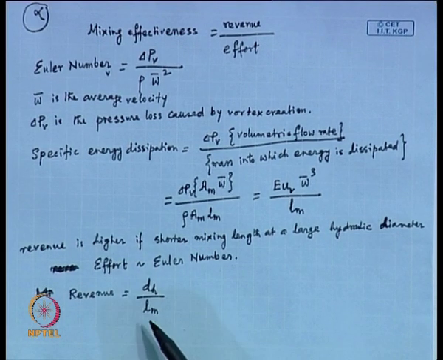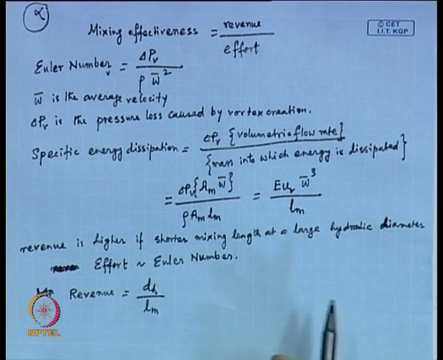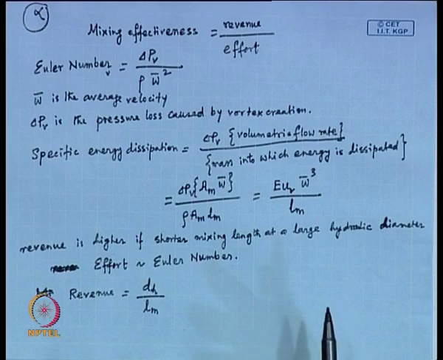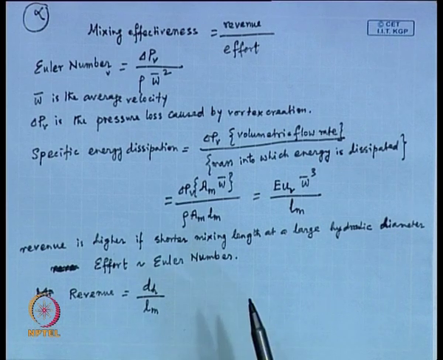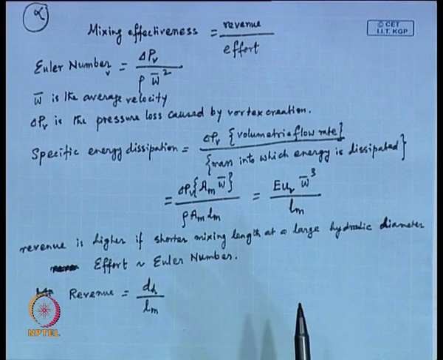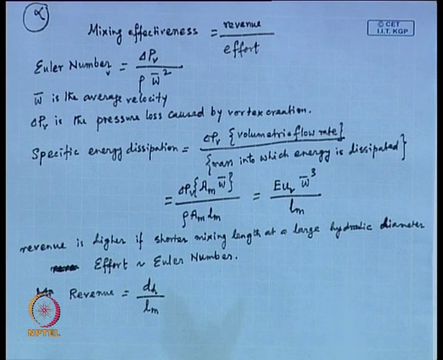So, in the sense that if you have a shorter mixing length, then the revenue would be higher, and if you can do it for a large volume of stream, that means if you have a higher hydraulic diameter. So, this is how you are defining the revenue, okay, such that revenue is higher when you achieve mixing in shorter mixing length for a large volumetric flow. So, that is how you are defining revenue.